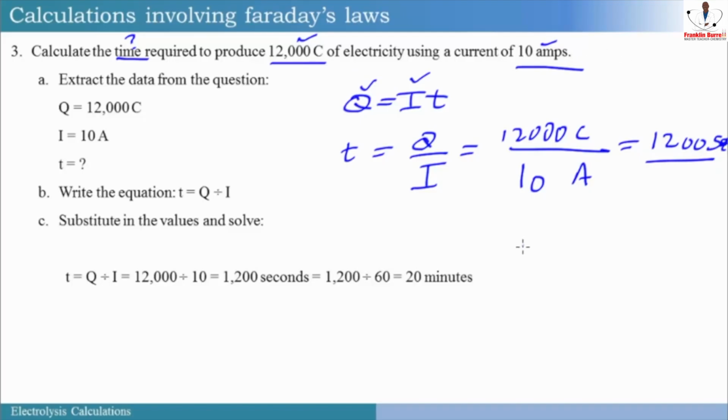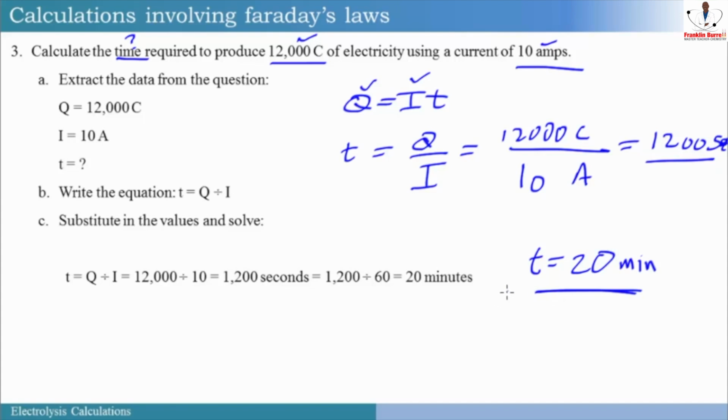Now you could convert back your time into minutes if so desired by simply dividing by 60. And so if you want to convert your time from seconds to minutes, then that would now be 20 minutes. Now we know how to use Q equal IT to find Q, I, or T.